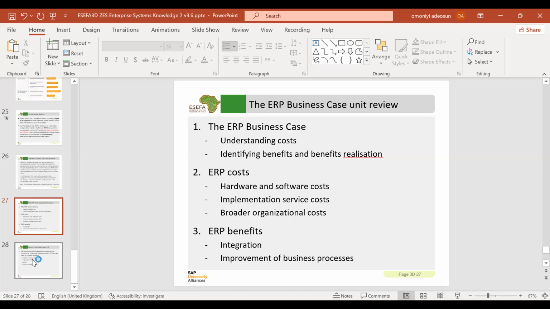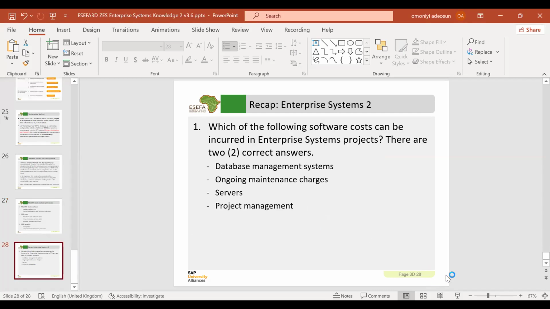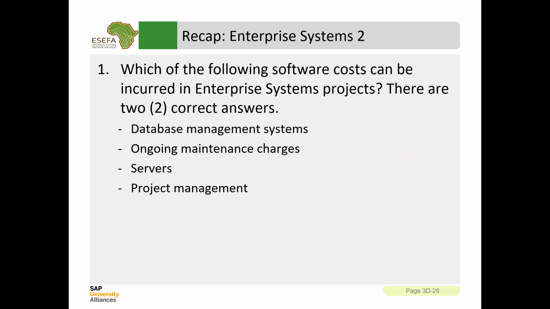All right, let's take this question. Sorry, let me put up this question. It says, which of the following software costs can be incurred in an enterprise systems project? There are two correct answers.